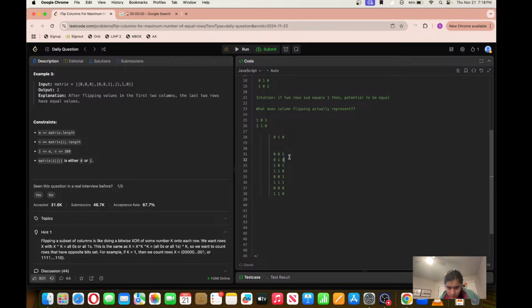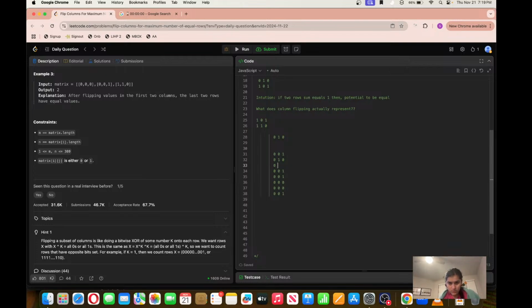So any row with 0 0 1 and 1 1 0 is the same, because I can just think that I have flipped it. 0 0 1 means 1 1 0, so this is also like 0 0 1 only. Is there any other 1 1 0 or 0 0 1? This is also 0 0 1 only, right? And this is also like 0 0 0. Because I'm just trying to match everything, so 0 0 0, 1 0 1. And is there any 0 1 0 here?